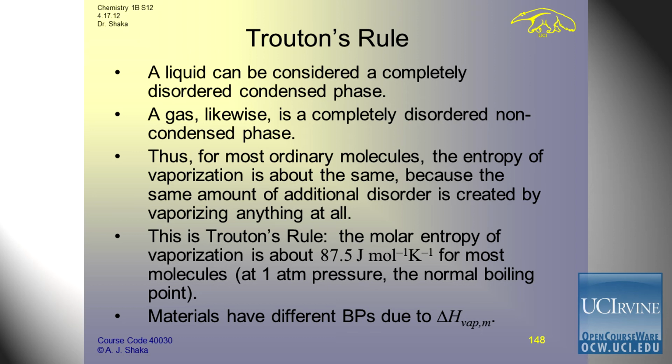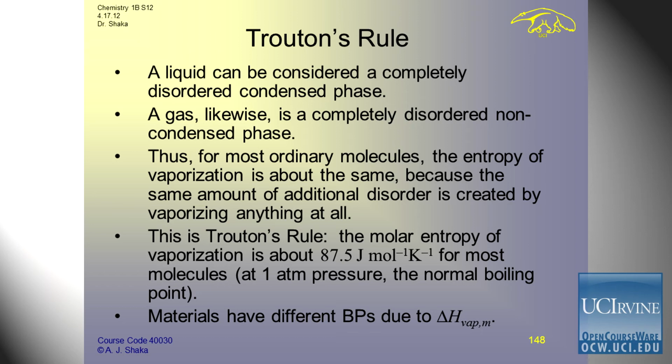So I guess what I'm trying to get at is that Trouton's rule tells you that the entropy of vaporization for most molecules or most types of compounds is relatively the same. Because the only thing that's changing is how condensed it is, which is a very similar phenomenon for most molecules. And usually the value for that molar entropy is 87.5 joules per mole per Kelvin, for most molecules, at that specific pressure and at their normal boiling point.